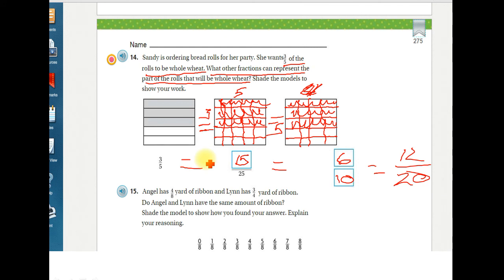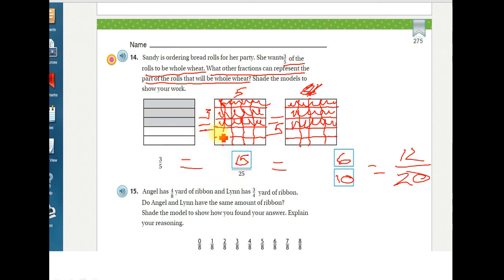So again, this problem, start off by just copying the first image, making it as close to the first image as you can. Then you just have to draw your lines to cut this up into how many pieces it tells you. In this case, it told you to cut it into 25 pieces. And remember, always think back to your arrays. How do I get 25?